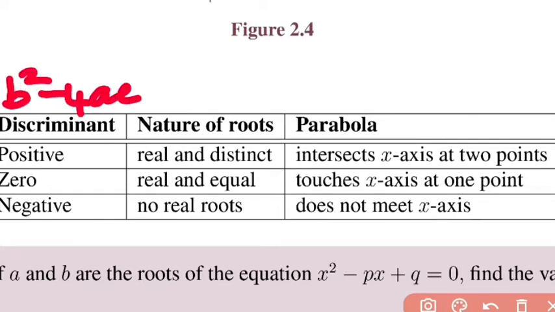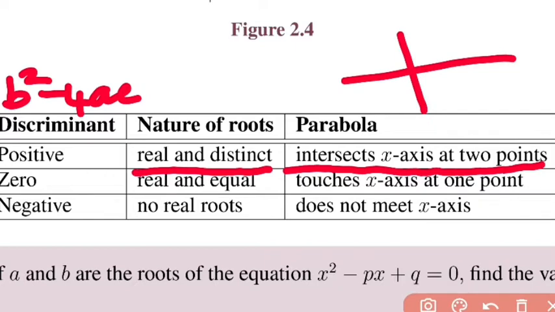If b square minus 4ac is positive, then the roots are real and distinct, so the parabola intersects the x-axis at 2 points. The curve, the parabola, will cut at 2 points.